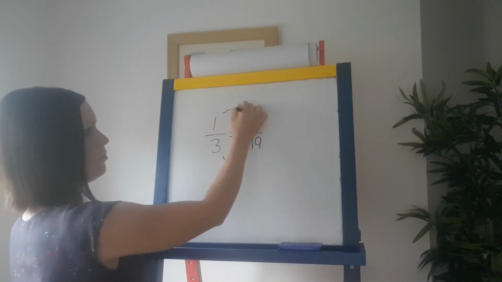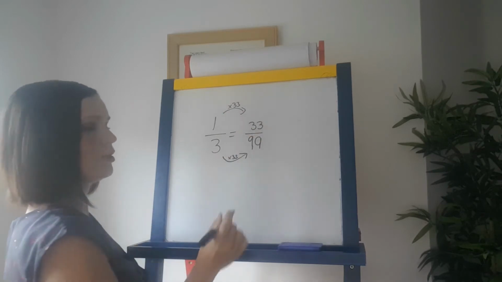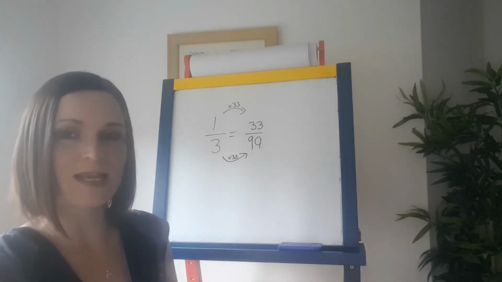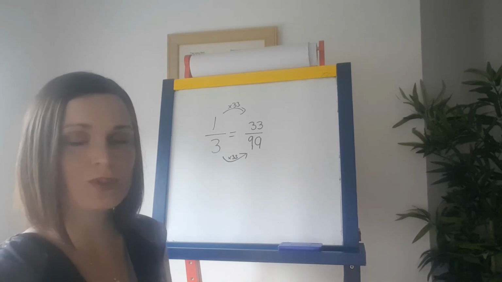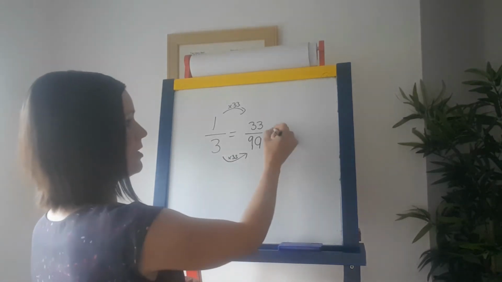Do the same to the top, and you get 33 out of 99. Now that is very close to 33 over 100. It's just that it's into 99 parts instead.